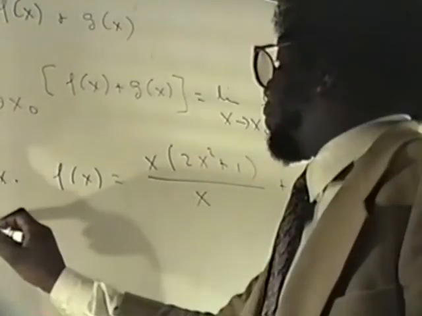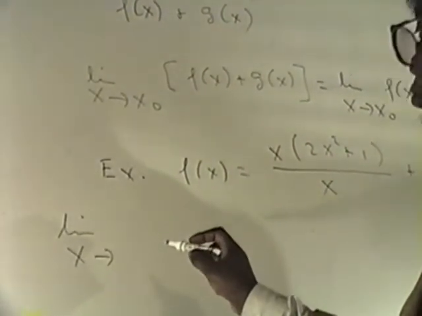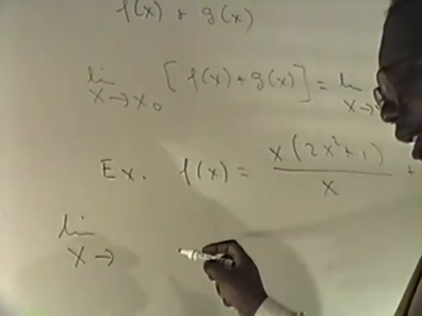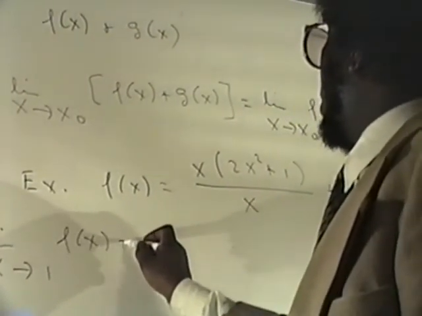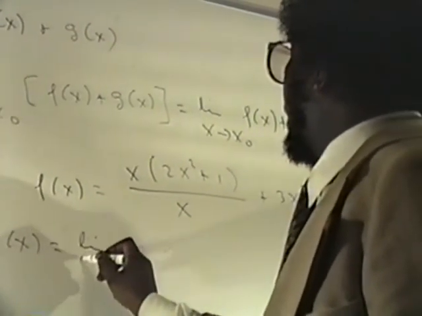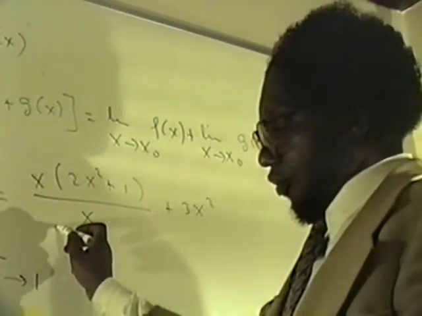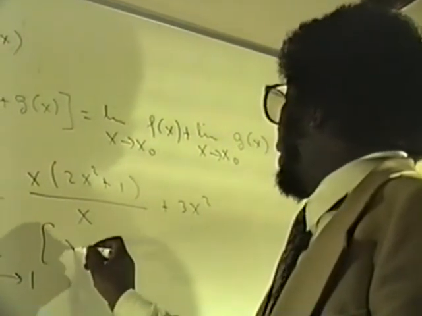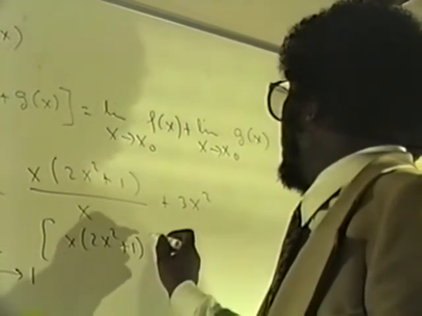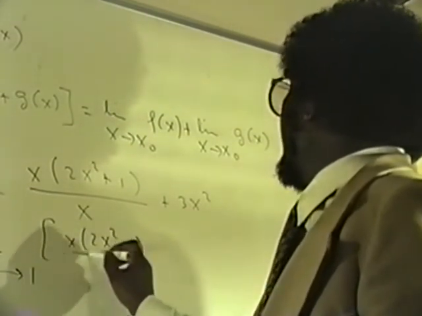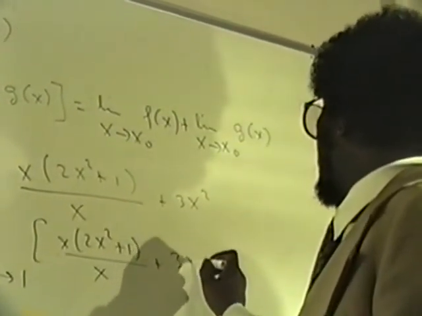So the limit as x approaches, let's say 1, of f of x will be the limit as x approaches 1 of x times 2x squared plus 1 divided by x, plus 3x squared.